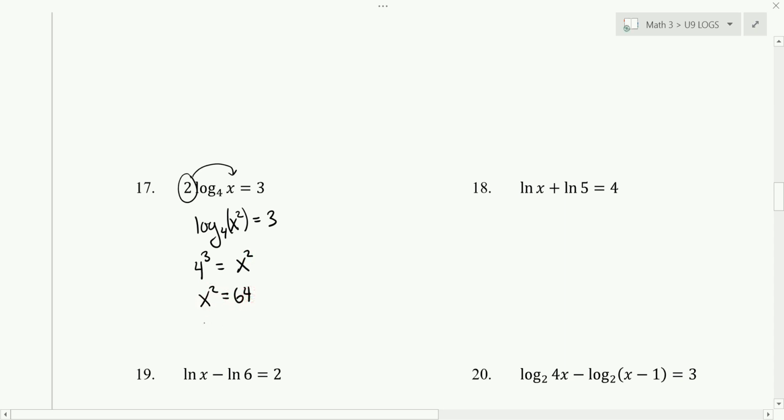And you take the square root. Now when you take the square root, it could be positive or negative. Square root of 64 is positive or negative 8. But the domain of log is from 0 to infinity, so we can't use the negative 8, so we just are going to work with 8.